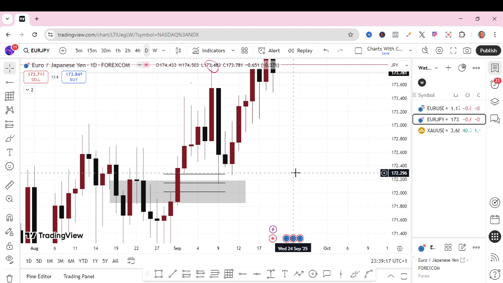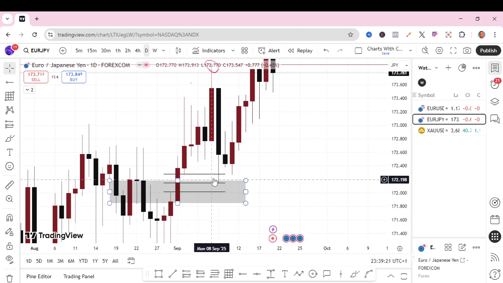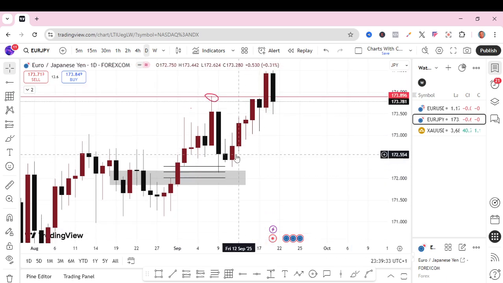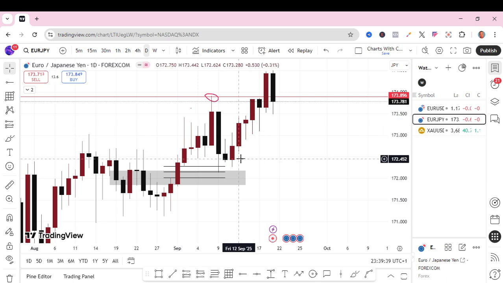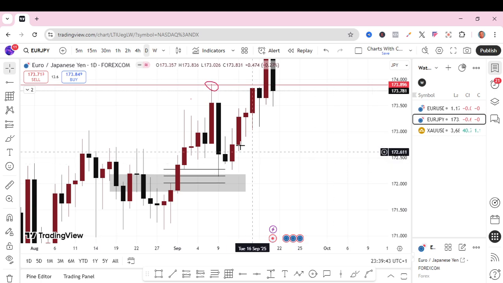Now immediately price tapped there, price did not break below. It started reacting, started moving up. This was on Wednesday, this was on Thursday, and this was on Friday. So this was where the week ended, before we got into the week that just ended now. So this shows you that price is still going for this high.